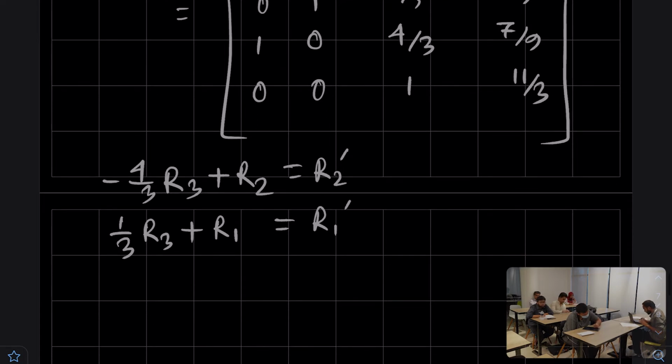So that means 0, 1, 0, and it is 11/3 times 3, that means 11/9, minus 4/9, 7/9.